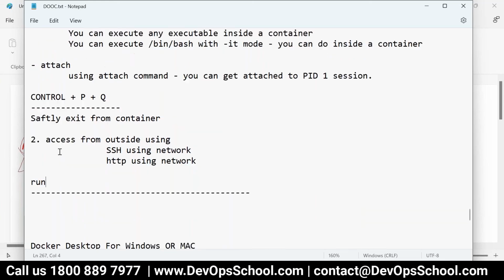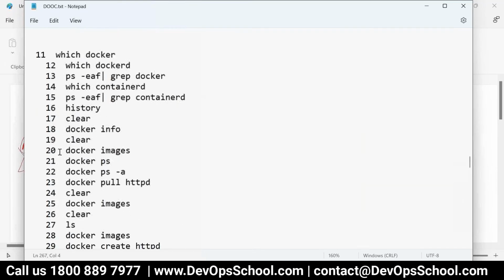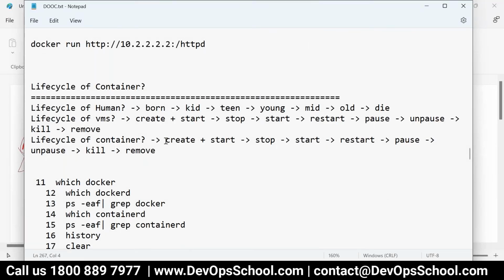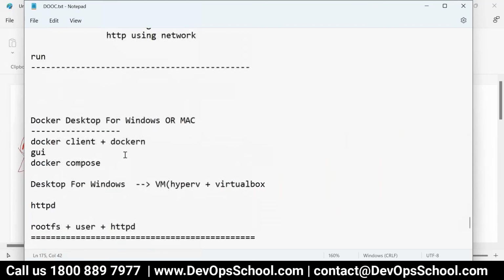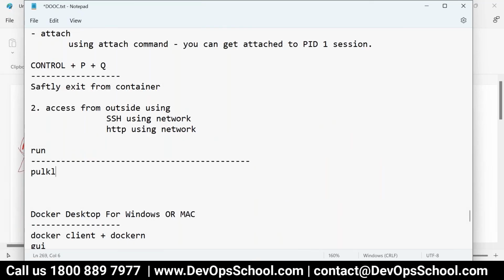So guys, let me ask you one thing. Are you comfortable with the pull command? Pull will download the image, correct?